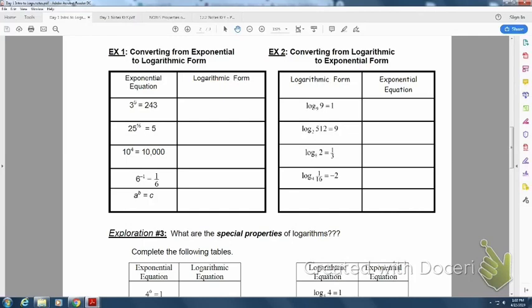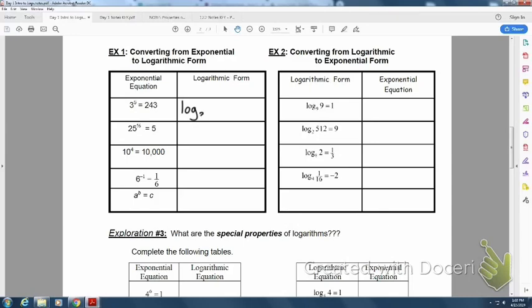So if I'm going from exponential to log, first thing I'm going to do is write log. Then after that, with what I've circled, what is the base there? 3. Okay.